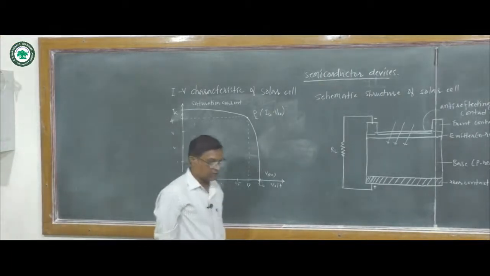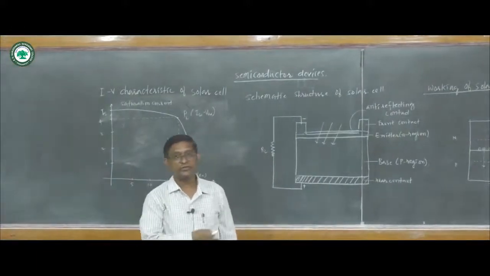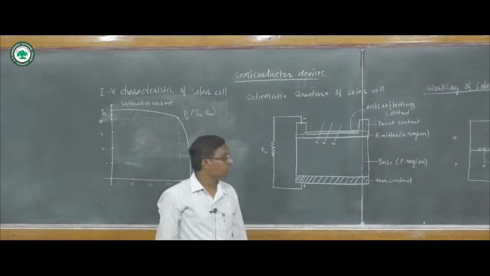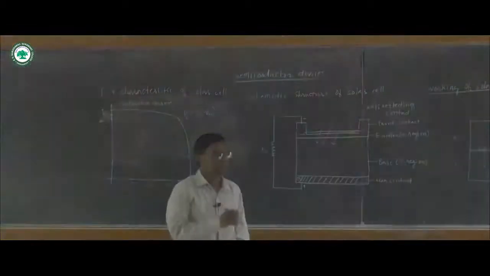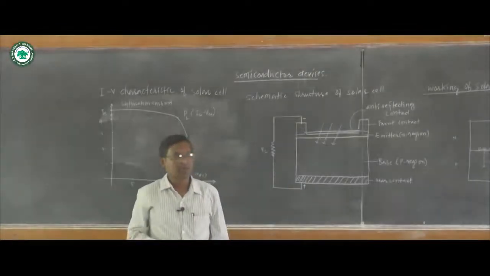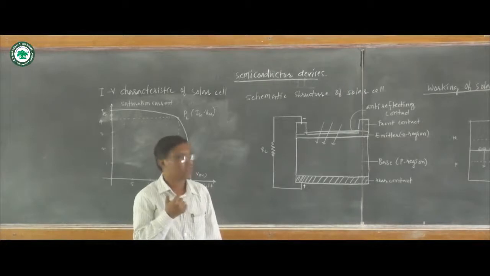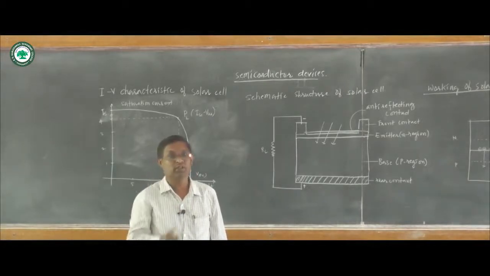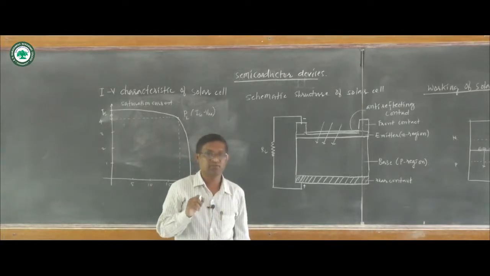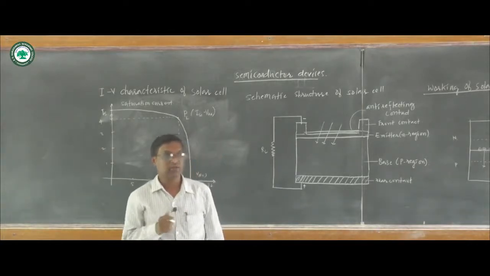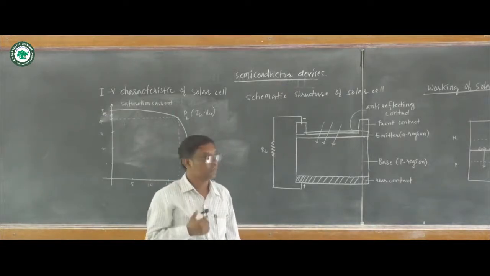Now the selection criteria for the material used to fabricate the solar cell. The material used must have an energy band gap between 1 electron volt to 1.8 electron volt, and the material should be photosensitive because it must absorb the solar energy quickly.